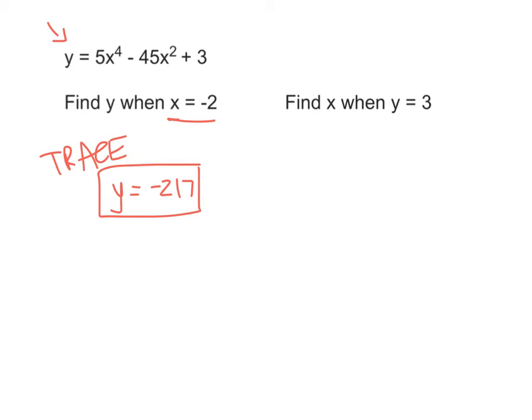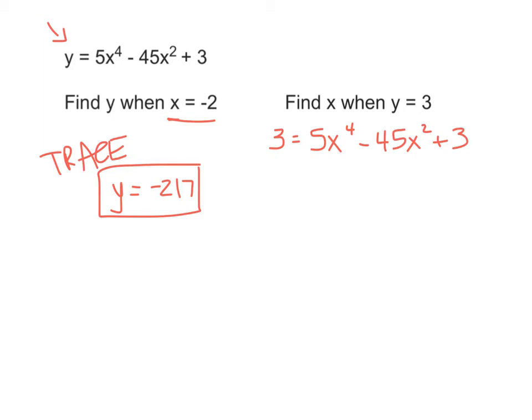Now, this next example, find x when y equals 3. First thing we're going to do is make sure to put that 3 in for y. And if I were you again, I would rewrite this entire equation out clearly. All right.